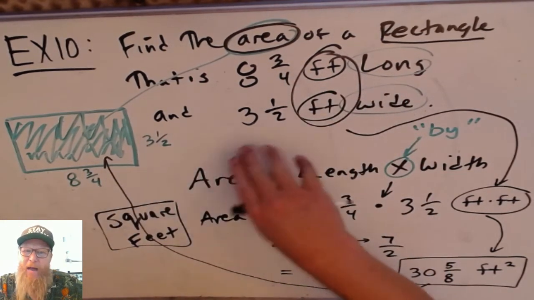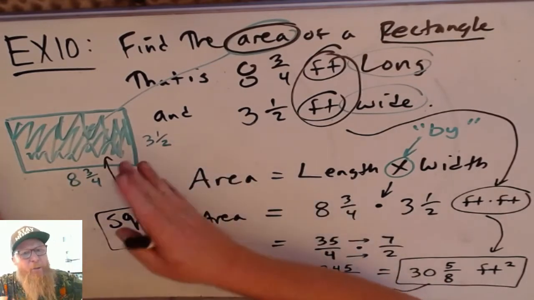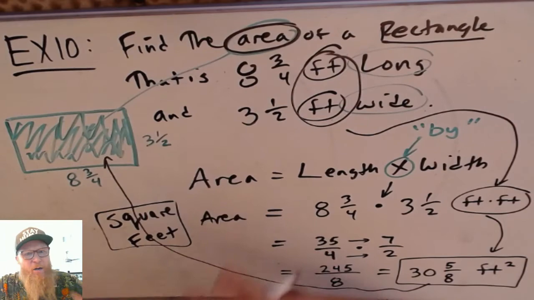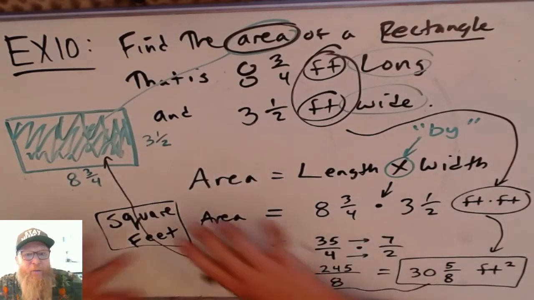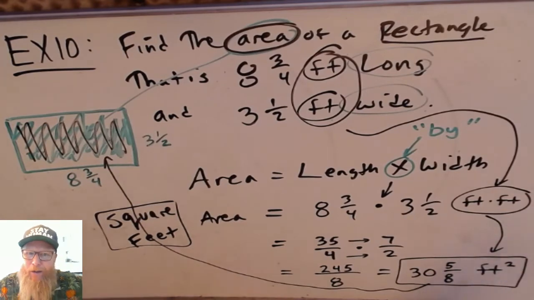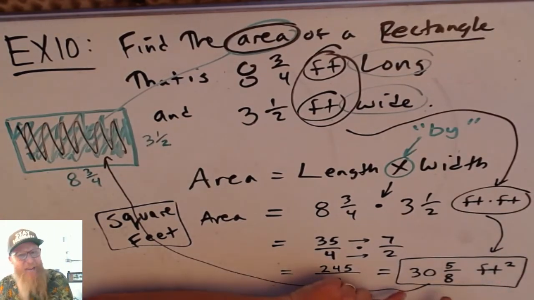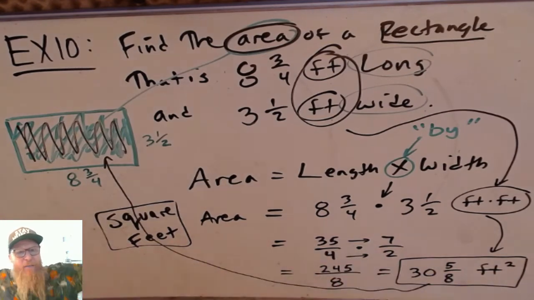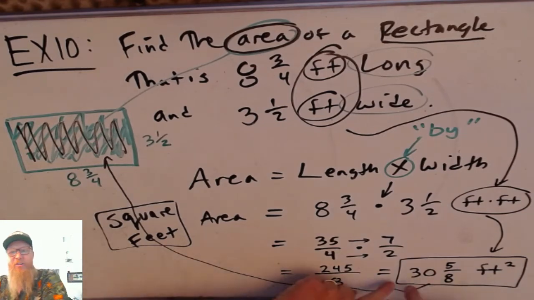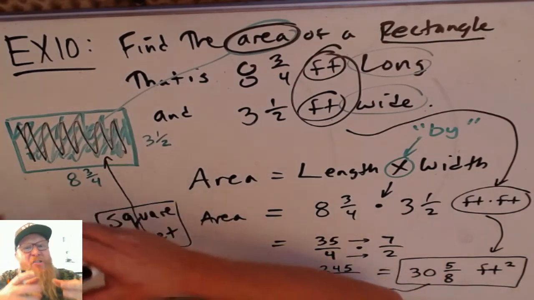Suppose you wanted to put tile on the floor, or a rug, or carpet, or whatever you want to cover the area. That's why we call it an area rug, right? You're not going to say, I want 30 5/8 feet, right? They would give you a giant thing, 30 feet long. You don't want that. It's not going to fit. It's 30 5/8 square feet.